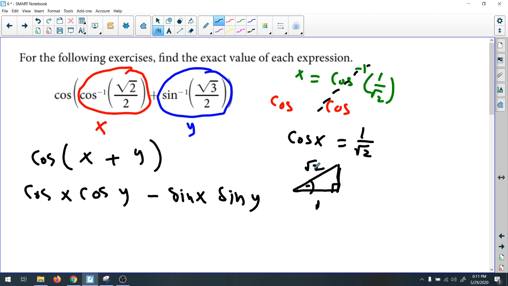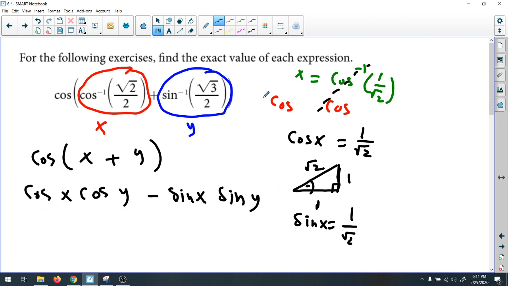And this must be the square root of 2 squared, which is 2, minus 1 squared, which is 1. 2 minus 1 is 1. Square root of 1 is 1. Then you could find sine: sine of x equals opposite over hypotenuse, which is 1 over square root of 2. So you got this and you got this.